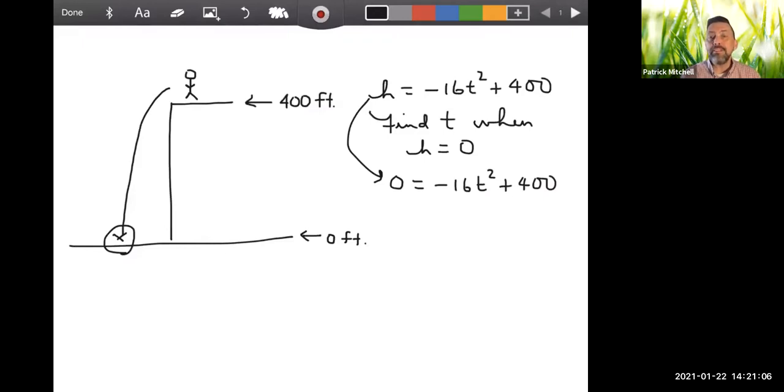So now we're going to factor what's on the other side. And I guess while I'm at it, I'll go ahead and switch the two sides. So what I'm going to do with this negative 16t squared plus 400 is factor it. And you know the first step in factoring is always to look for the GCF, right?